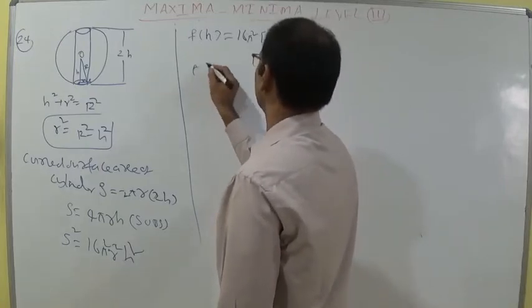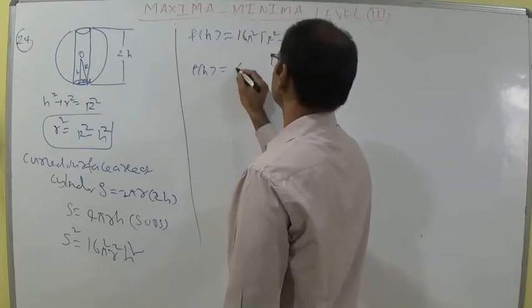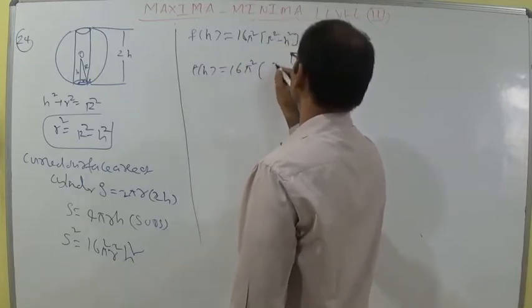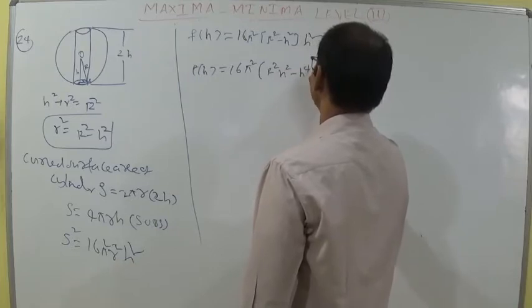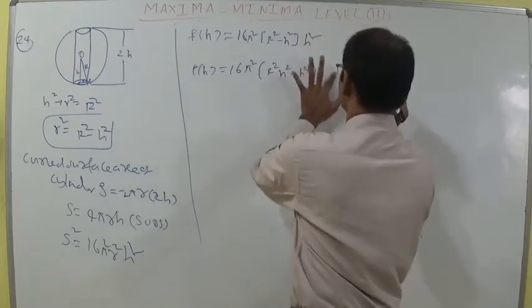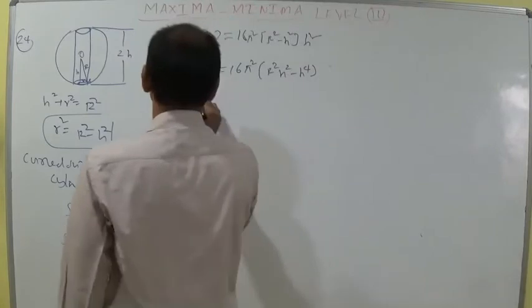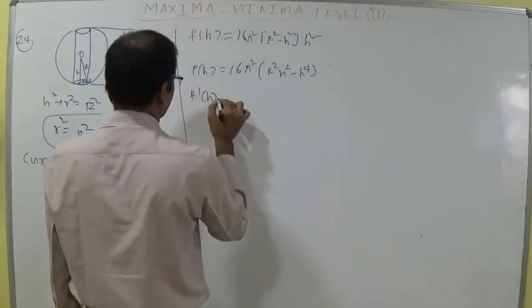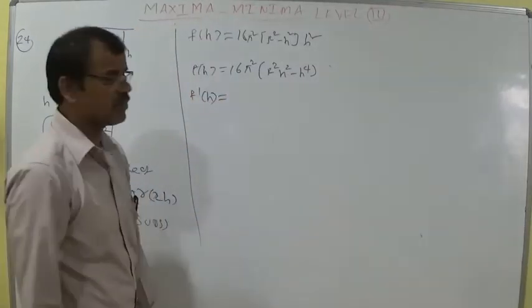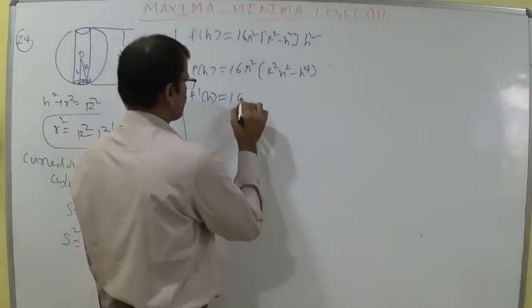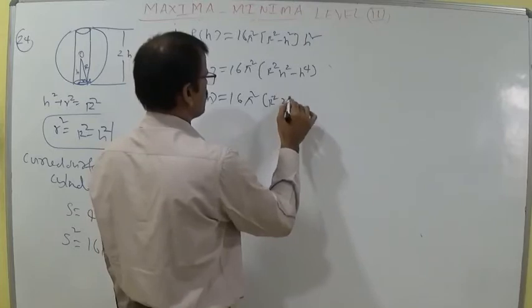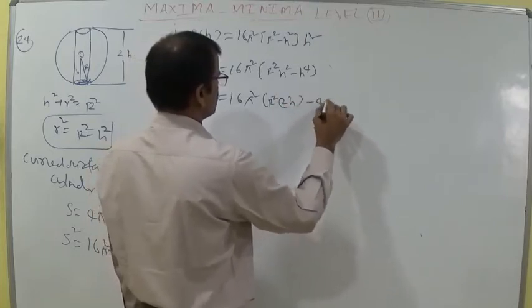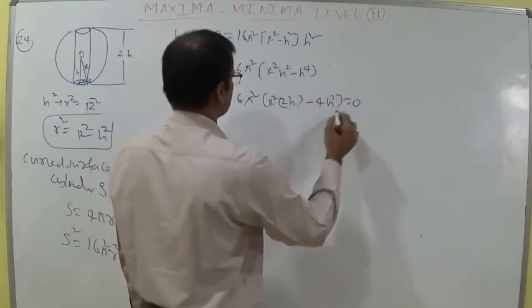So f of h I am writing as 16 pi square into capital R square h square minus h power 4. To calculate whether the curved surface area is minimum or maximum, differentiate: 16 pi square into R square into 2h minus 4h cube equal to 0.